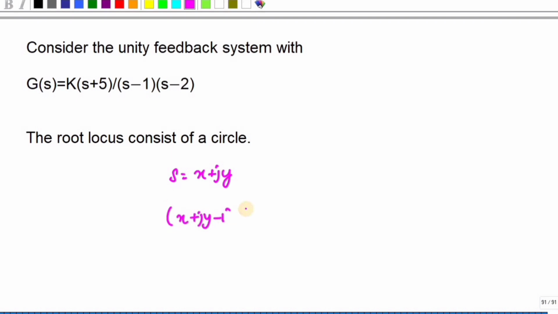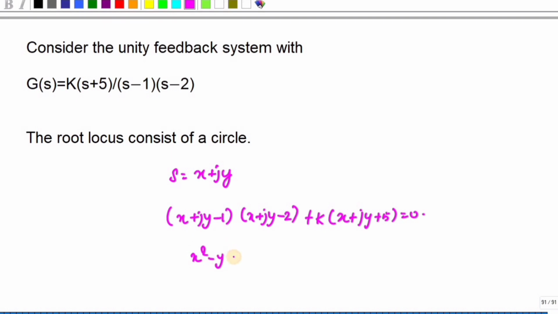If I substitute in 1 + G(s)H(s), I'll get (s − 1)(s − 2) + K(s + 5). I'm going to substitute the x + jy term, so I'll get the answer like this. And I have to equate the denominator portion to 0, right?